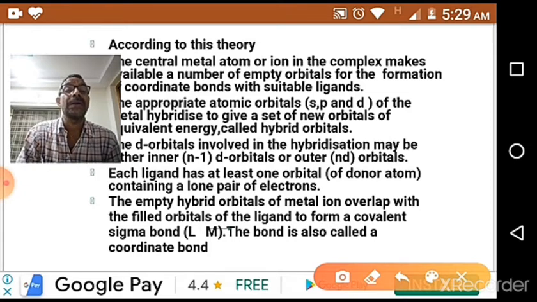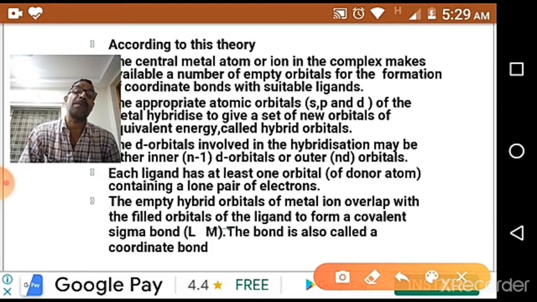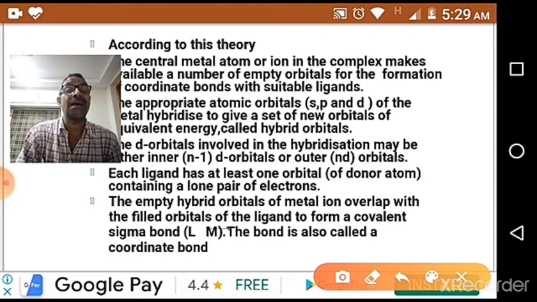Depending upon which type of d orbitals participate in hybridization, we have two types of complexes: inner orbital complex and outer orbital complex. The ligand has to provide a lone pair which is freely available on the donor atom.